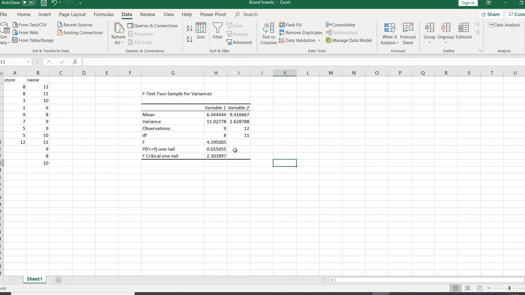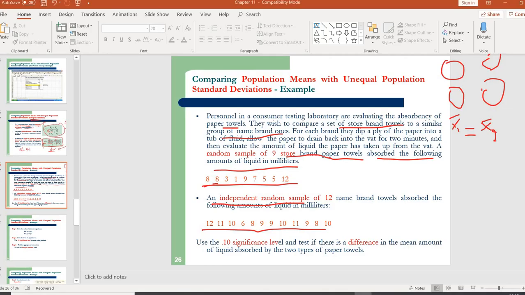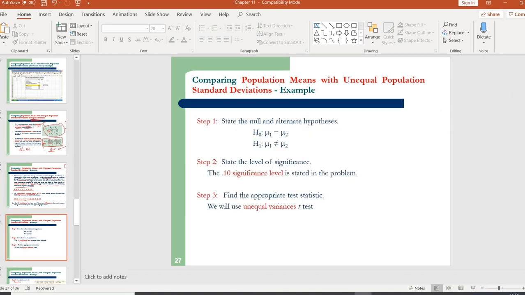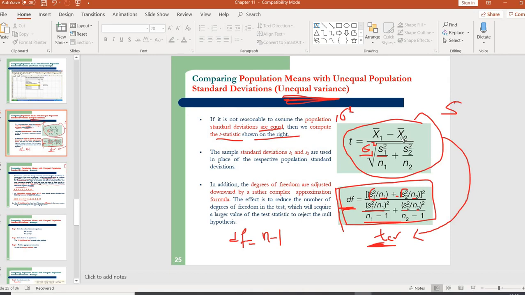Because the null hypothesis of equal variance has been rejected, we now have evidence that these two samples have unequal variance, and therefore the test to be applied will be the one that uses this formula and this degree of freedom.